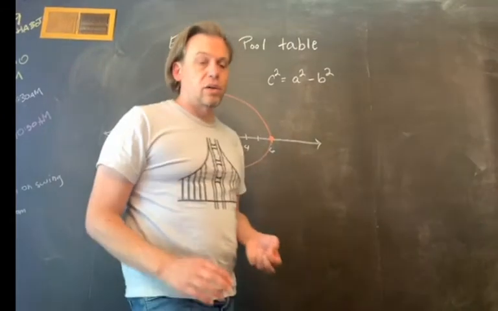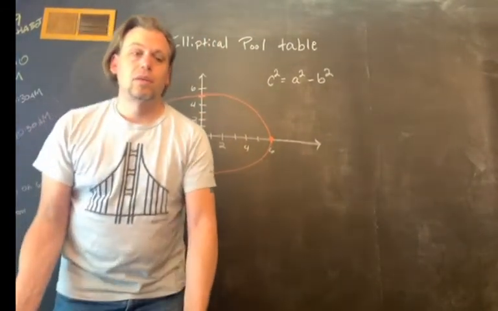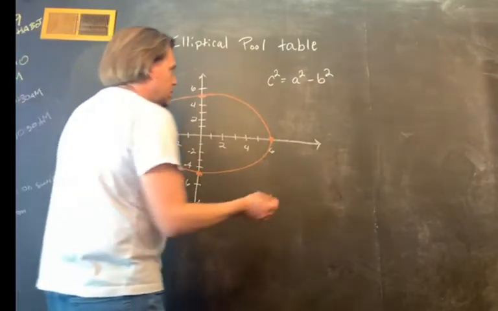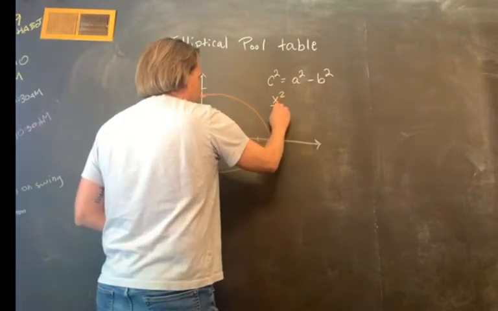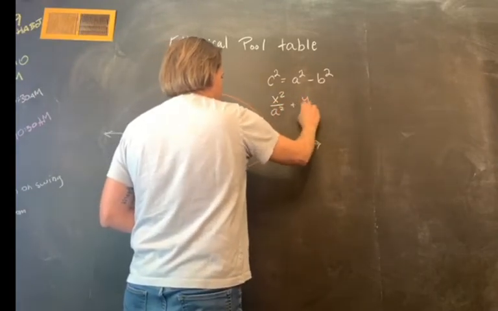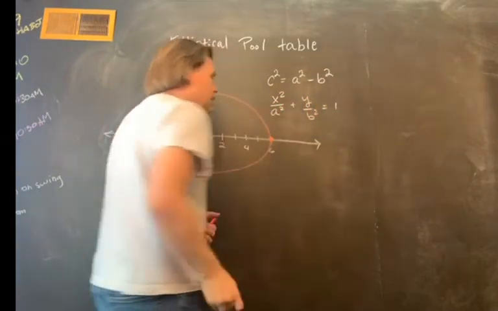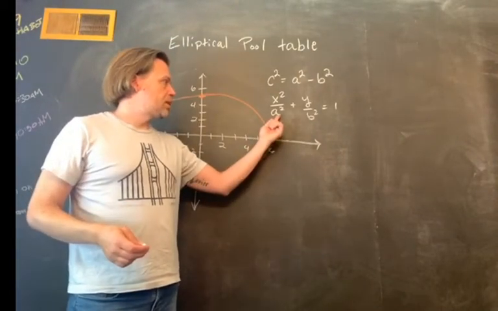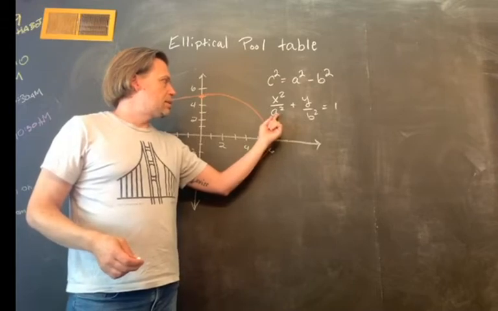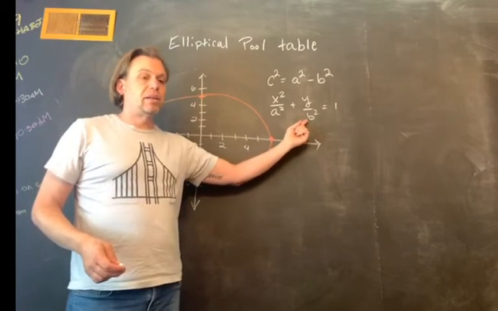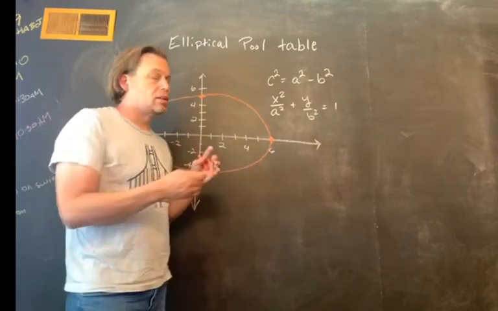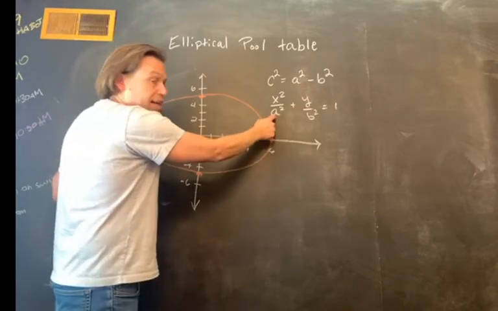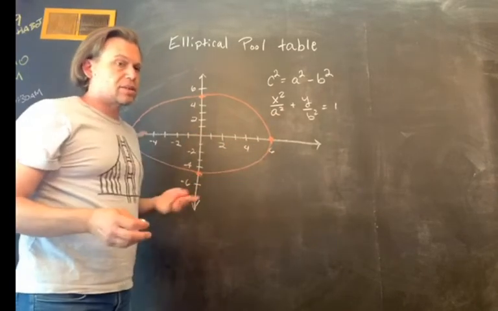So I want to find the equation, and my equation is x squared over a squared plus y squared over b squared equals 1. If you looked in the book, or the paper I pushed out, the notes, sometimes they put b squared here and a squared here. Well, that depends on whether it's vertical or horizontal. This is horizontal, so it's longer this way, which means I'm going to put the a underneath the x. So the a is always the long one.